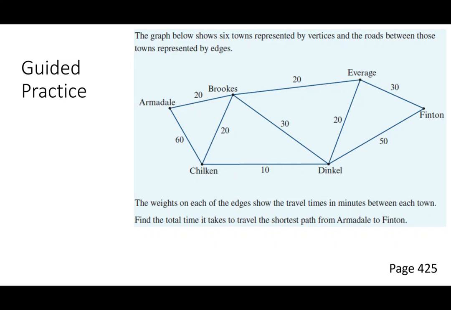So guys, the graph below shows 6 towns represented by vertices and the roads between those towns represented by edges. The weights on each of the edges show the travel time. Between Chilcon and Dinkle is 10 minutes, Dinkle and Finton is 50 minutes, Everidge and Dinkle is 20 minutes, etc. So find the total time it takes to travel the shortest path from Armadale to Finton.